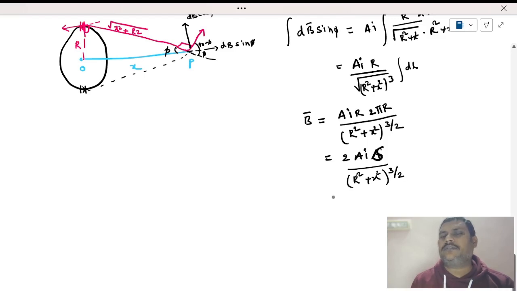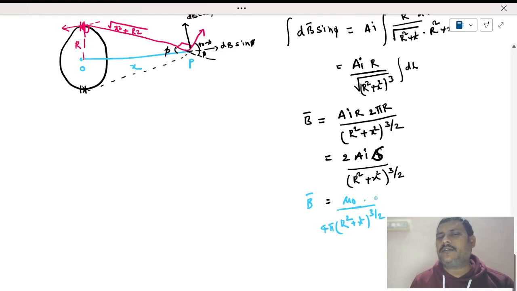So finally, the field due to a circular coil is equal to mu naught by 4 pi, into 2 I A, by r square plus x square whole power 3 by 2. Don't cancel the 4 pi, keep it like that.